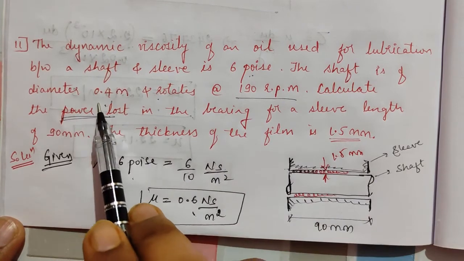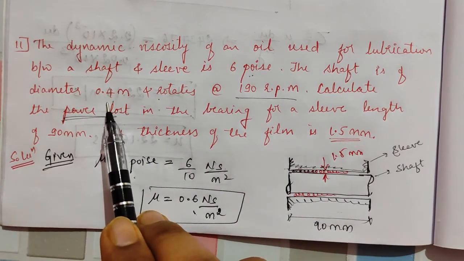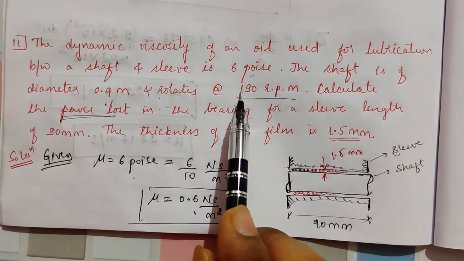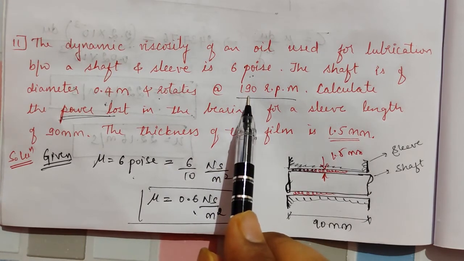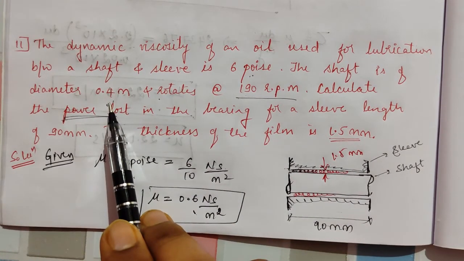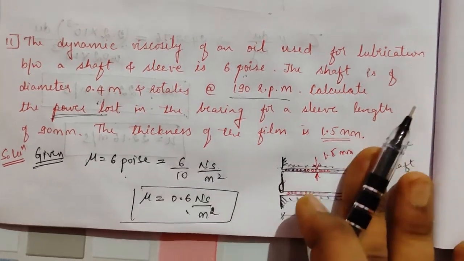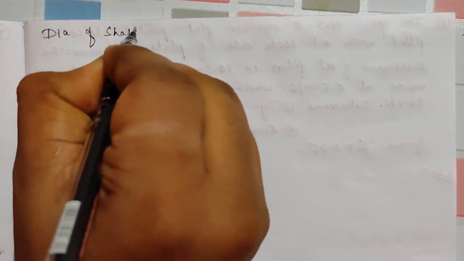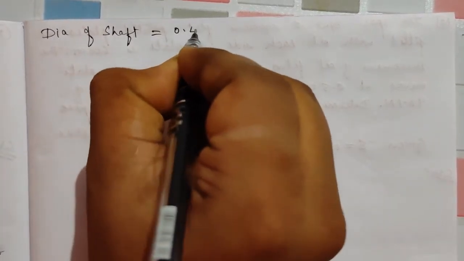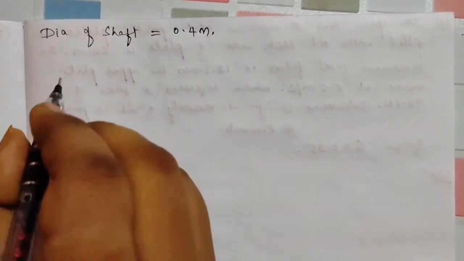The shaft is of diameter 0.4 and rotates at 190 rpm, and sleeve length 90 mm, film thickness 1.5 mm. So I'll directly write here. Diameter of the shaft D is 0.4 meter.